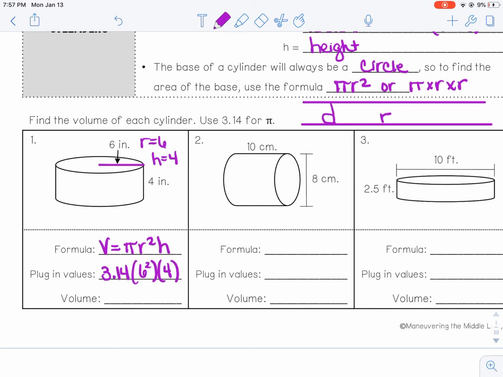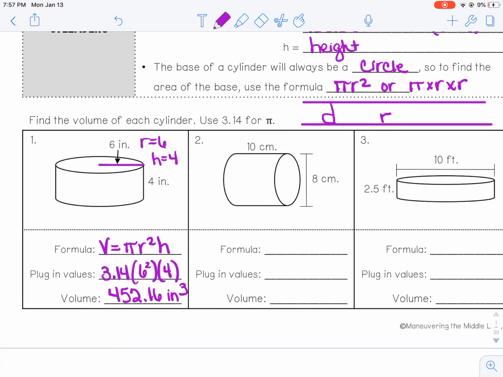In your calculator, you can do 3.14 times 6 squared, or 6 times 6, times 4, and you're going to get 452.16, and that's going to be cubic inches.